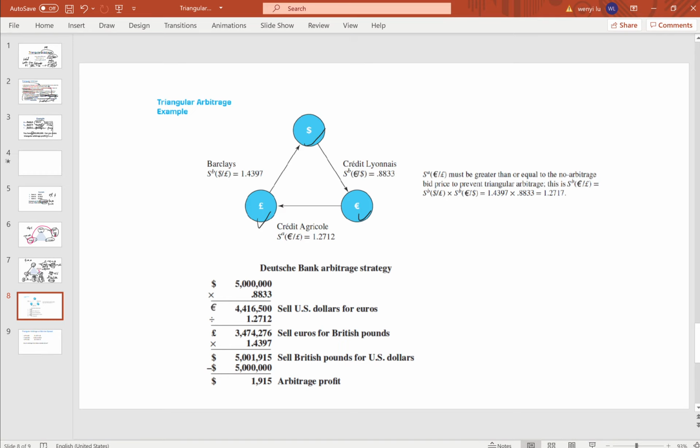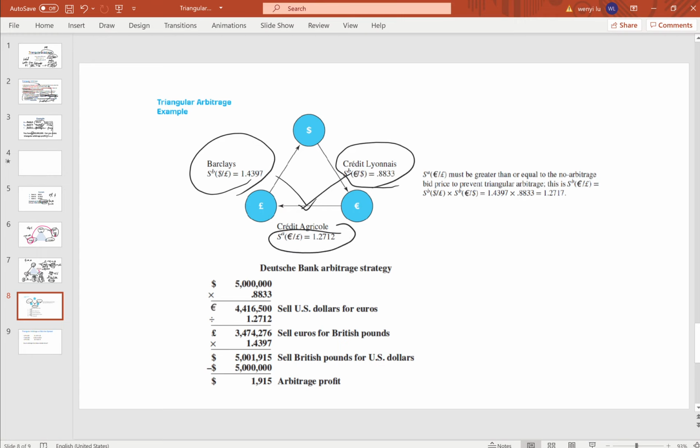Banks. One's Barclays, one's Credit Suisse, and the other one's Credit Agricole. So let's find out which quotes involve what? Dollar. That's Barclays and Credit Suisse. So these two involve the dollar, so we should get a cross rate to compare with this one.